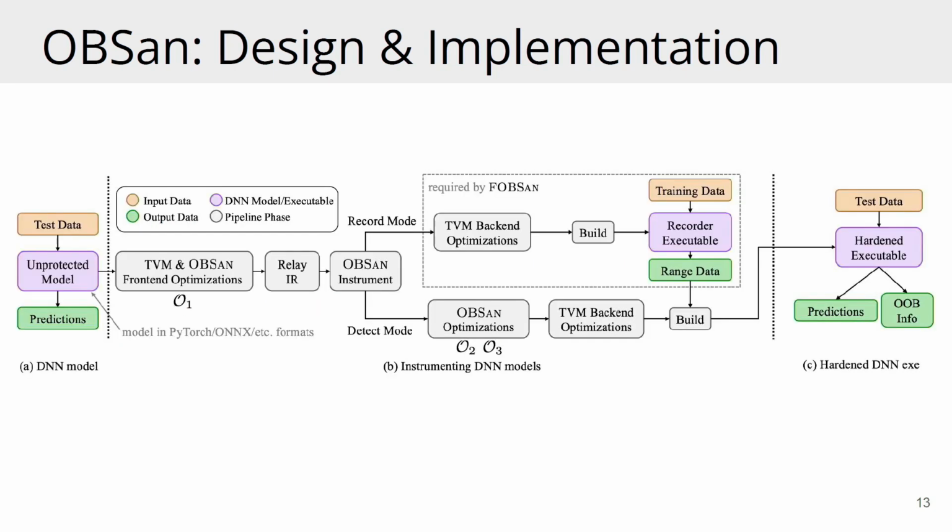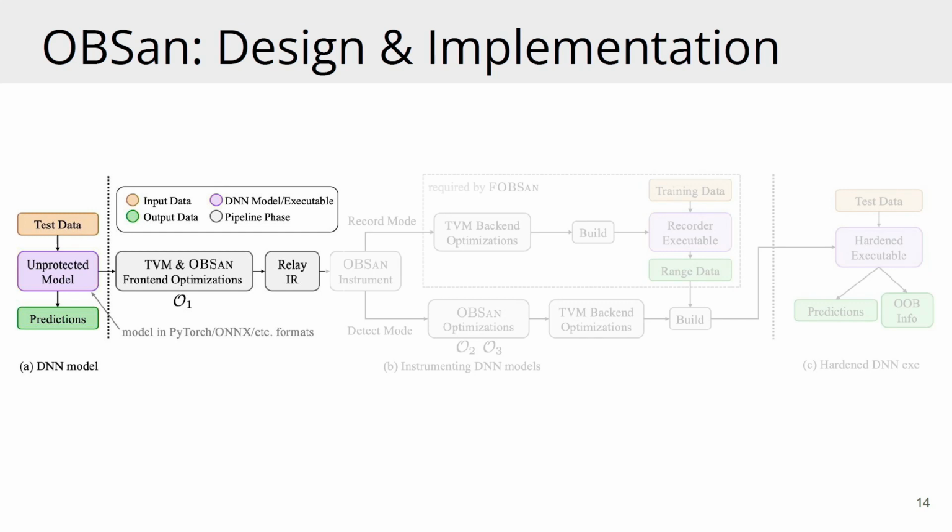So here's the overall workflow for OBSan. We start with the unprotected original model as the input, and we feed it to TVM and OBSan's front-end optimizations. Then TVM will lower it to Relay IR, which is TVM's internal graph-aware IR.